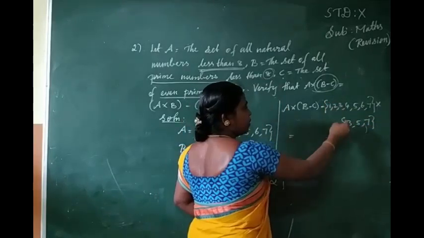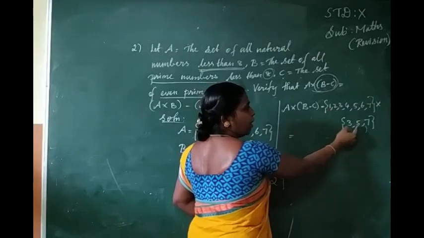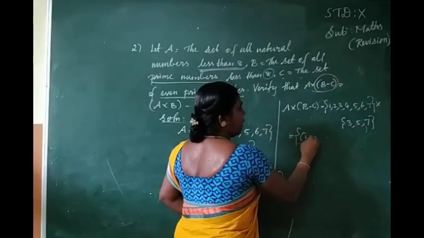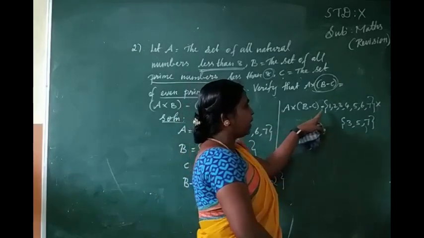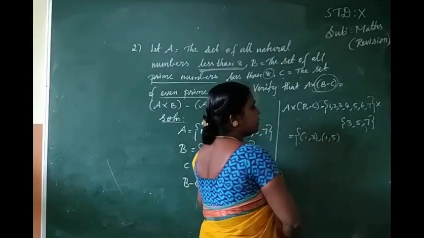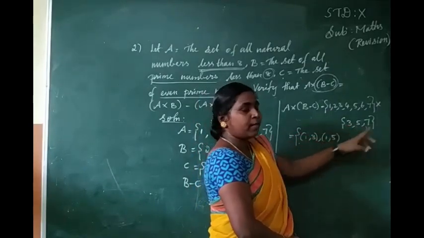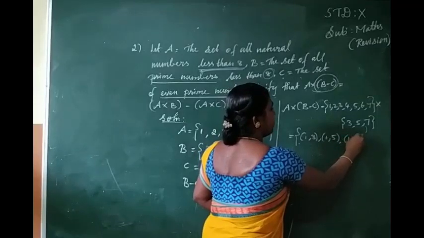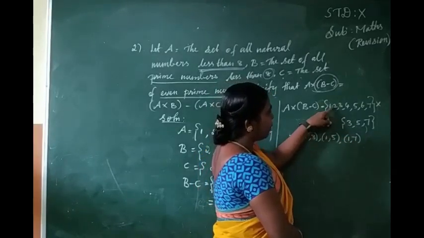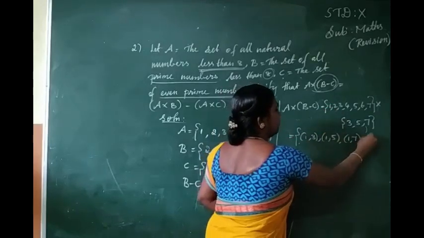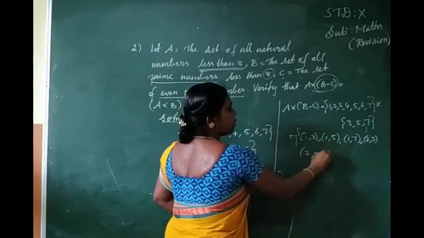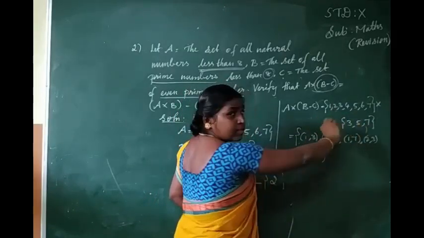First 1 comma 3, next 1 comma 5, next 1 comma 7. The second element of A is 2, so again 2 comma 3, 2 comma 5, 2 comma 7.